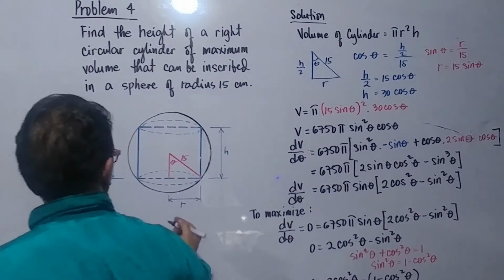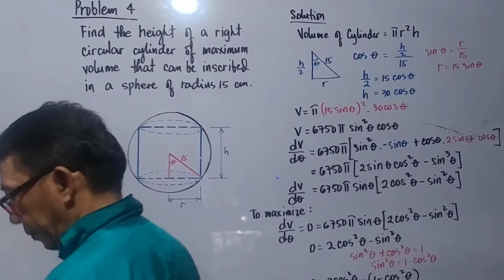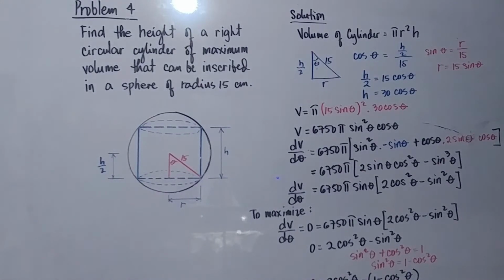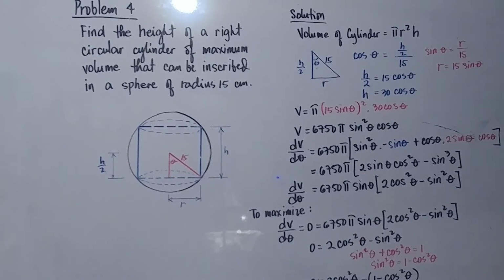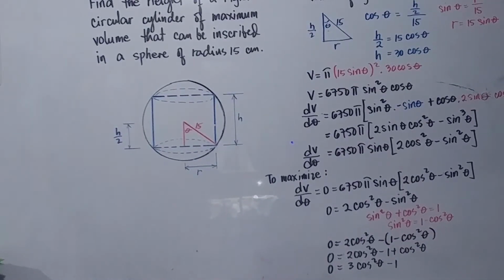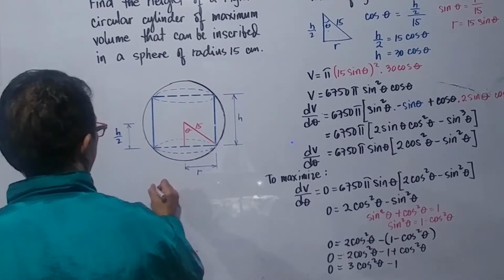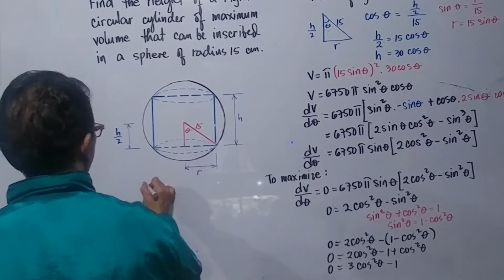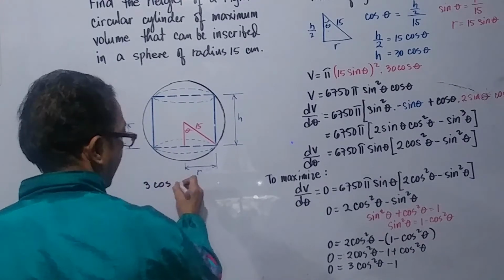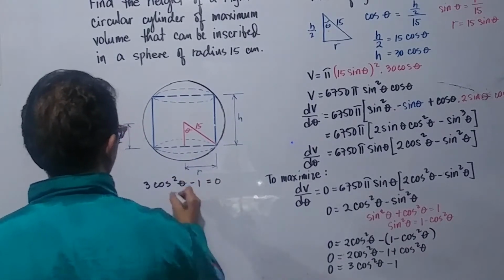So let's continue it here. We have now 3 cosine squared theta minus 1 equals 0.